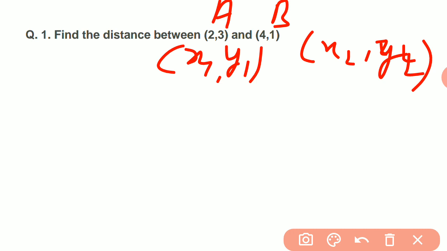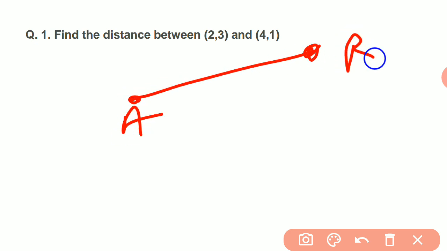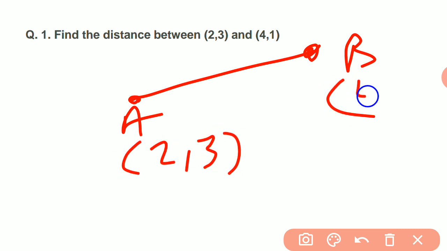So we will use these values in the distance formula. Suppose this point is A and this point is B. The coordinate of A is 2 3 and the coordinate of B is 4 1.